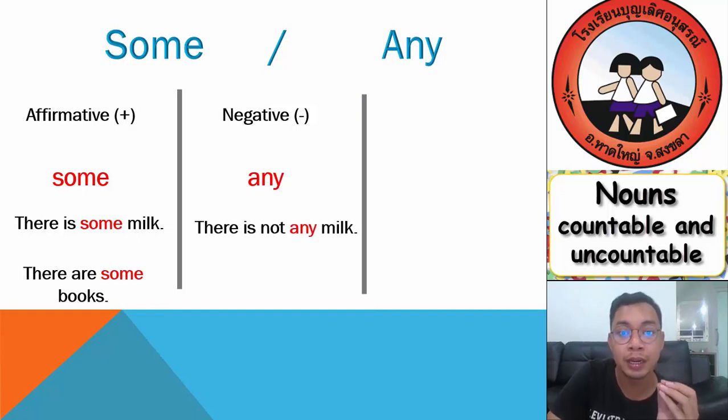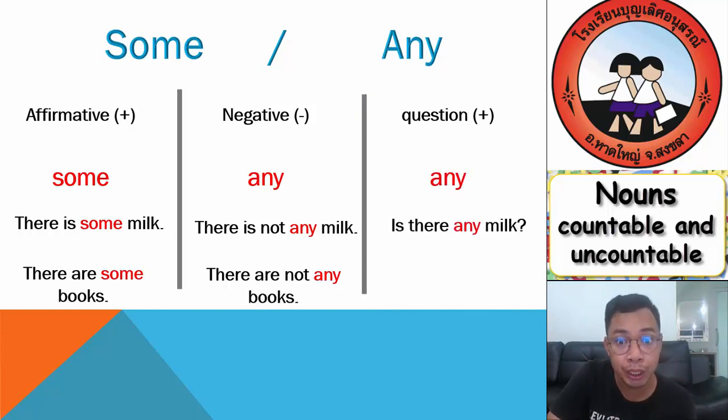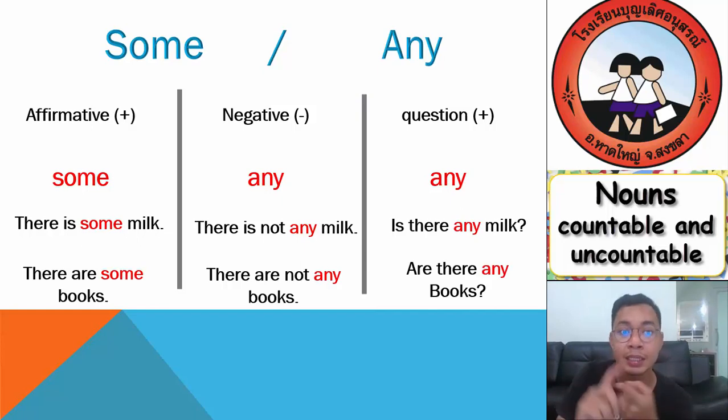For example, there is not any milk. There are not any books. In questions, we use any. For example, is there any milk? Are there any books? Okay. Some we use with affirmative sentences. Any we use with negative sentences and questions.